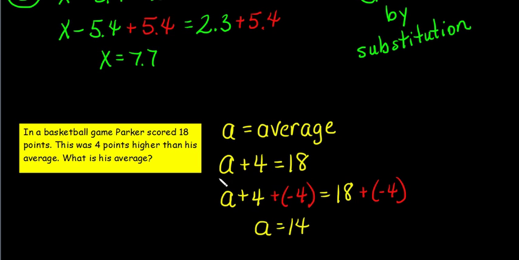Since he scored 4 points higher than his average, and that was 18, I can say A, his average, plus 4 more equals 18. If I add a negative 4 to each side, and it's okay if you say subtract 4 from each side, because that's what you're doing in essence, you'll see that A equals 14, so his average was 14 points per game.